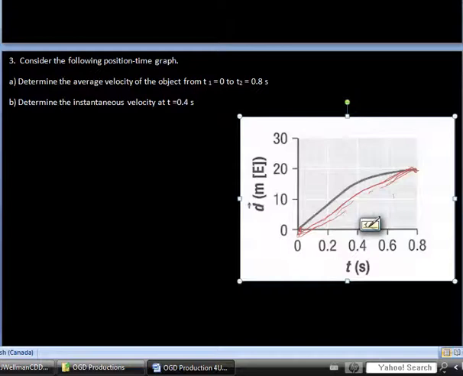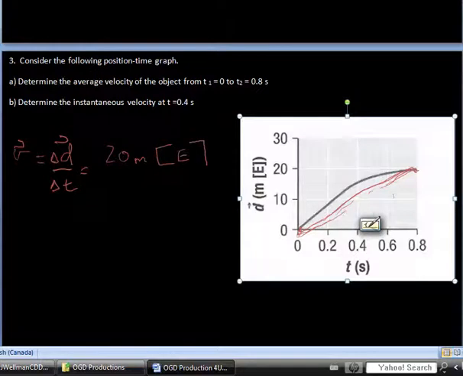So you take the slope of that line, remember velocity equals my change in my position divided by my change in time. In this case, that's going to equal 20 meters east. And remember, this is a vector.